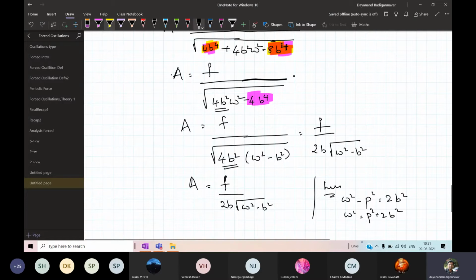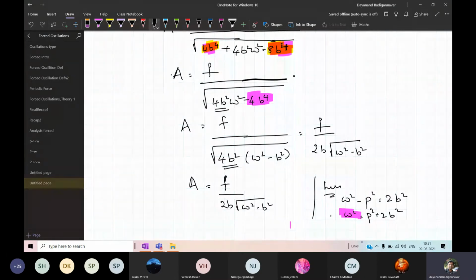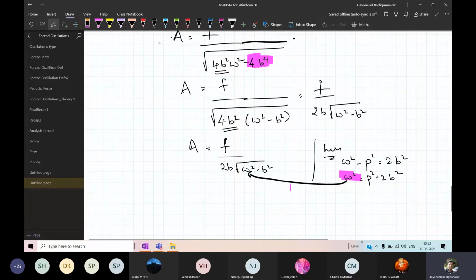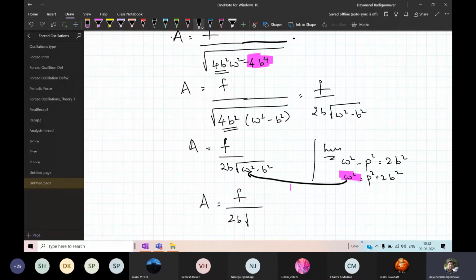So you just substitute it back in this omega. Then A is equal to f divided by 2b into root of omega square, which is p square plus 2b square, minus b square, which I have to keep as it is.